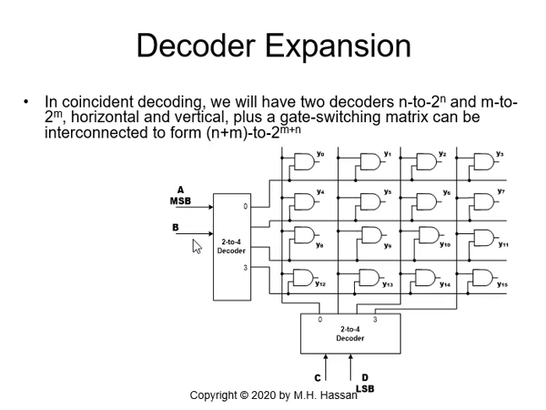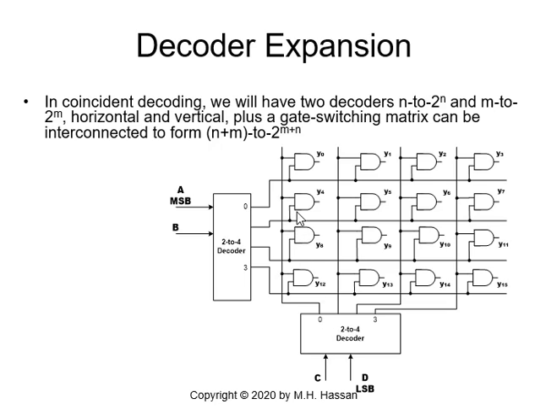Again, if I have 0, 0, this horizontal line and this vertical line, which is the output of 0, 0, will be active, so Y0 will be active only, because all the others will be inactive, because the inputs for Y0 are the output from the first decoder, which is the 0 with 0.